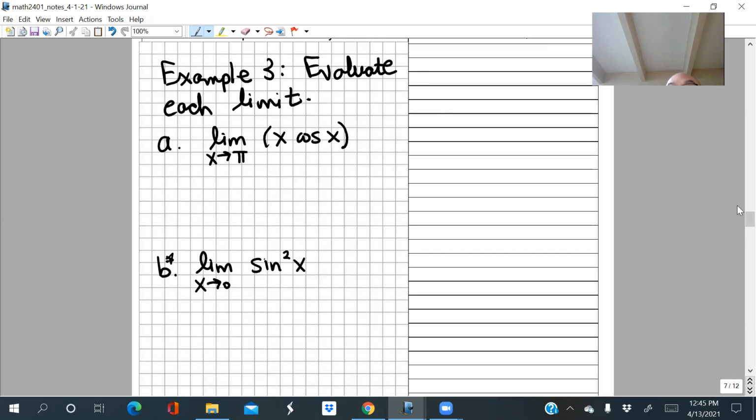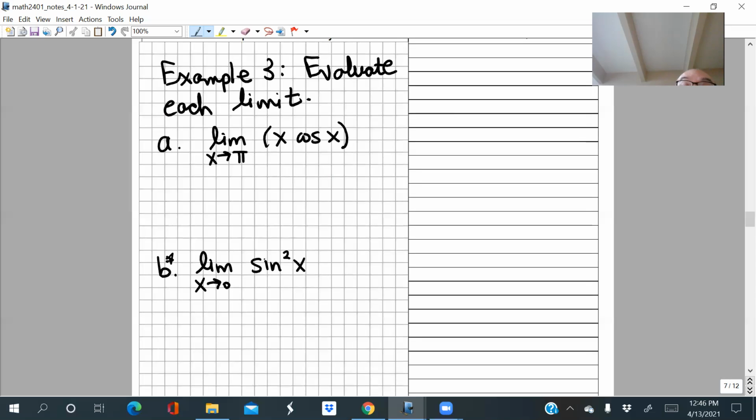Same thing in these examples. Trig functions are continuous. x is just a linear function, so that is continuous. So this is not quite a trig function. It's not quite a linear function because it's the product of x and cosine of x. But the product of continuous functions is continuous, okay?